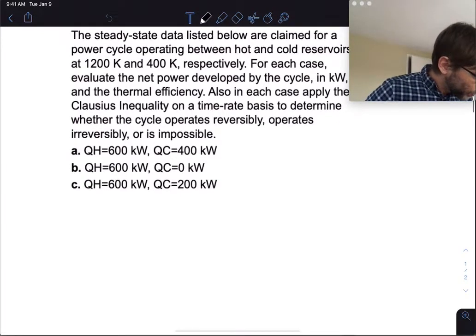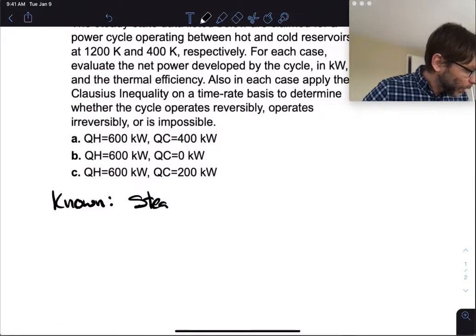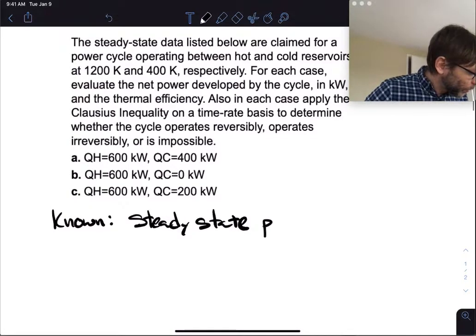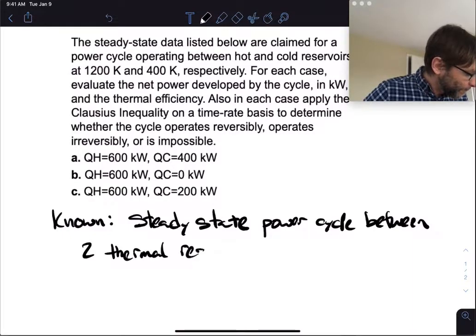So what's known about this? What's known is that we have a steady state power cycle between two thermal reservoirs, hot and cold reservoirs.